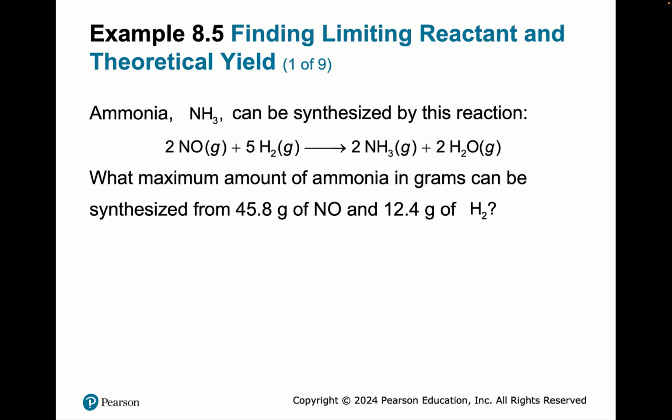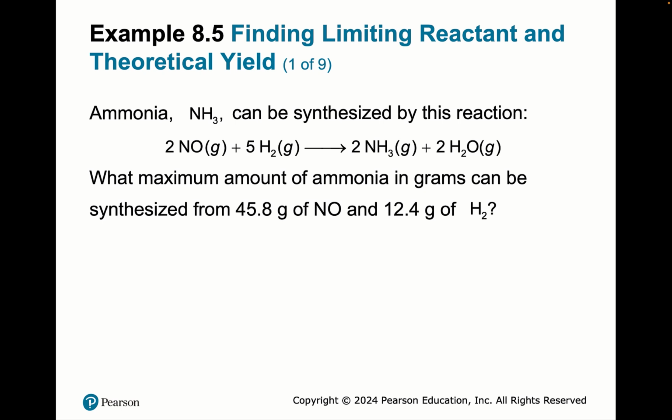Okay. So what's the maximum amount of ammonia in grams that can be synthesized from 45.8 grams of nitrogen monoxide and 12.4 grams of hydrogen? Looking at it, I probably would think it's the NO, because that's going to be about 2 moles of NO, and then the hydrogen is going to be like 6 moles.